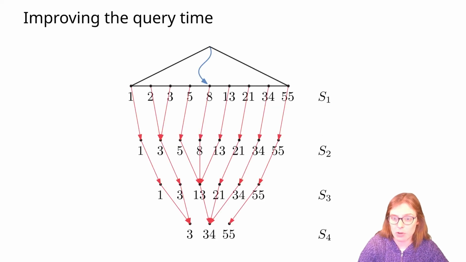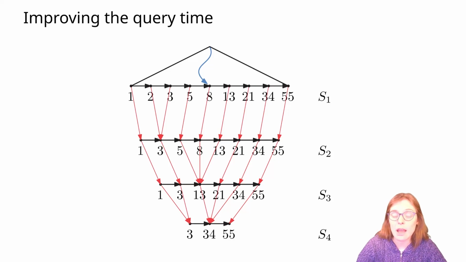Here is the same structure with the binary search tree on set S1 and with the pointers between the values between sets. We will simply add the pointers from smaller to larger values in the sorted order within each set.